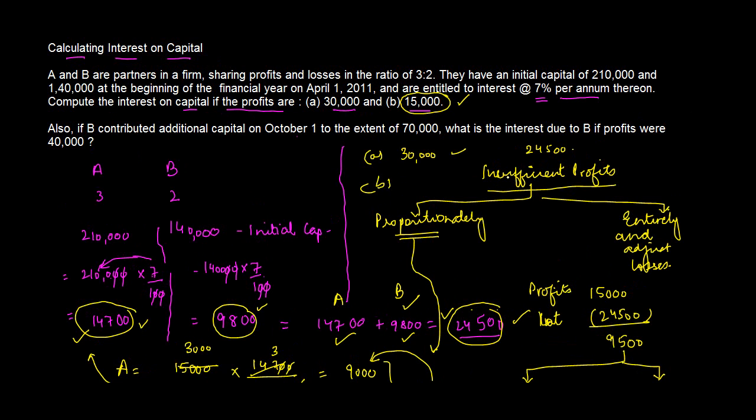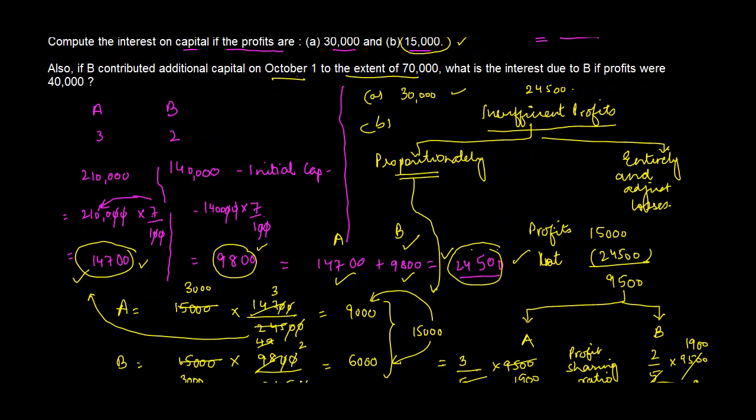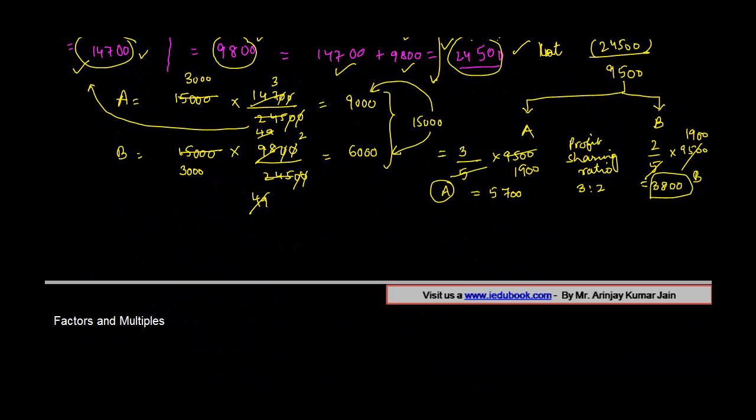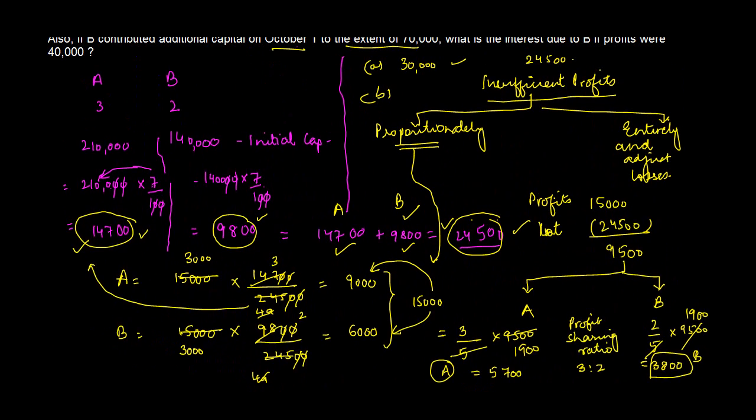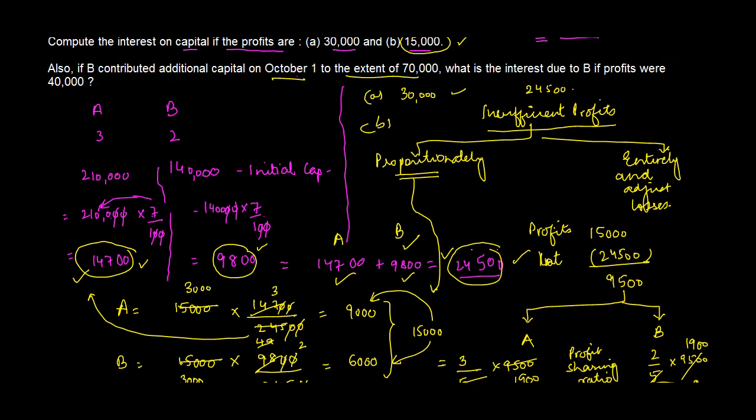The next question is, if B contributed additional capital on October 1 to the extent of 70,000, what is the interest due to B if profits were 40,000? Now interestingly, the additional capital is how much? 70,000, right?